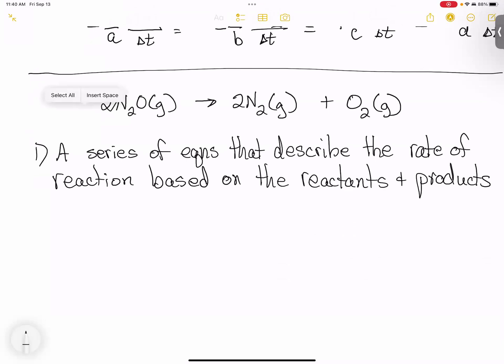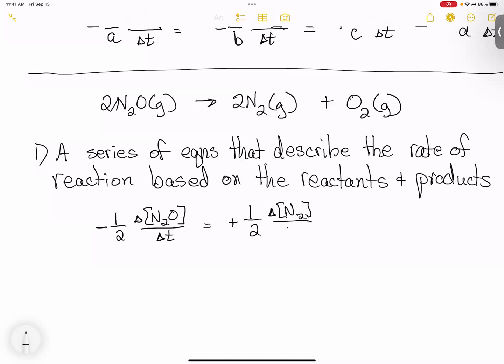N2O gets lost because that is a reactant. So it's going to be a negative 1/2 of the change in the N2O concentration divided by the change in time. That is equal to a positive 1/2 of the change in nitrogen concentration versus a change in time.